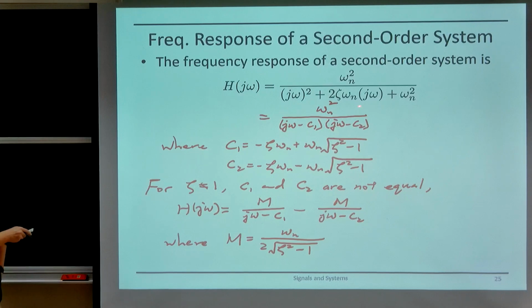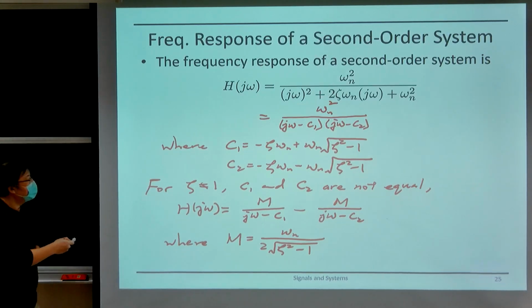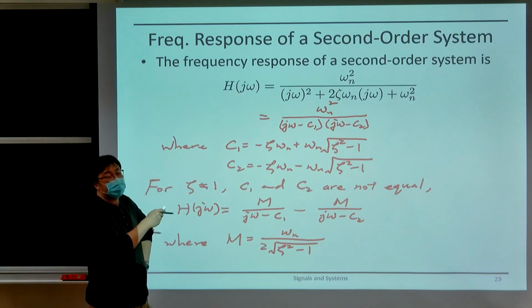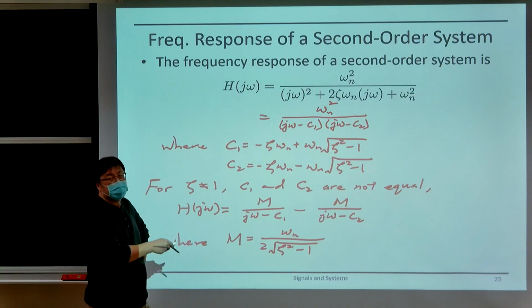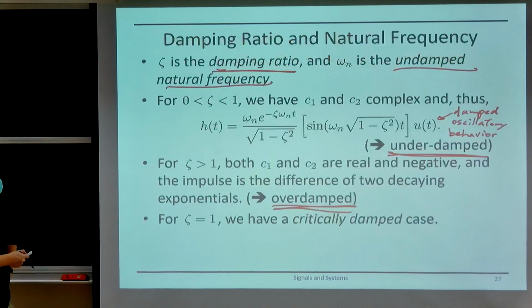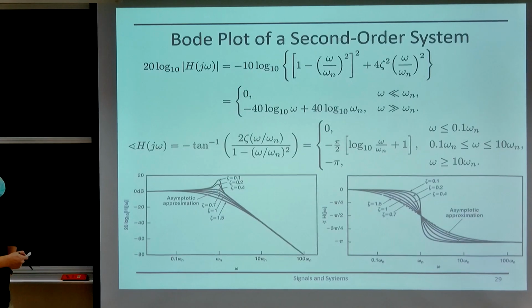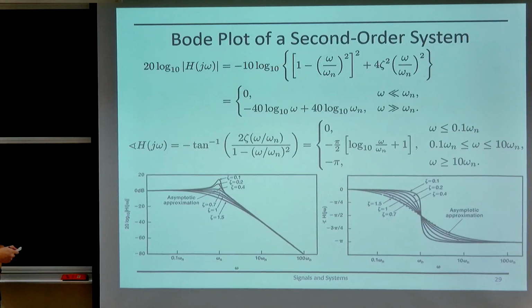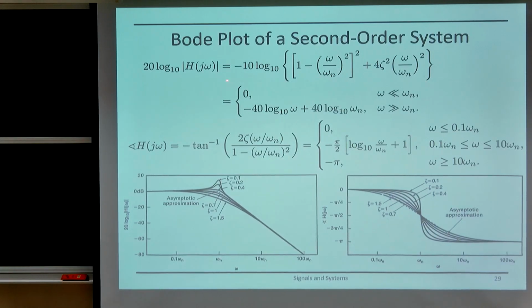Taking the magnitude basically requires you to compute the square of the real part plus the square of the imaginary part. If you do that, you will get a log magnitude that takes on this form here.